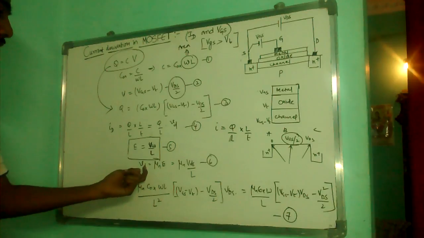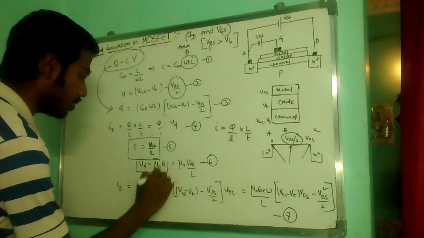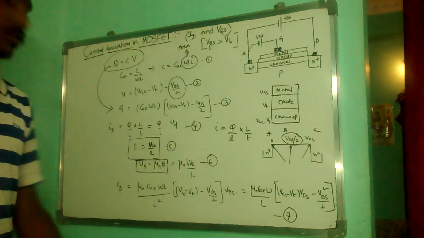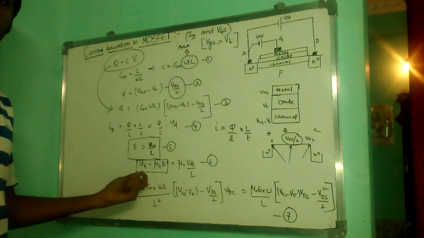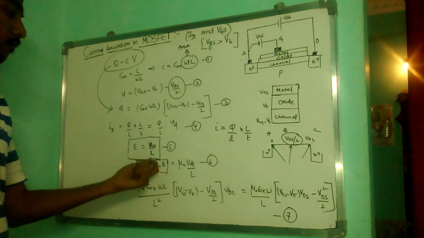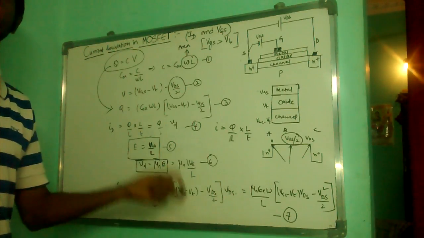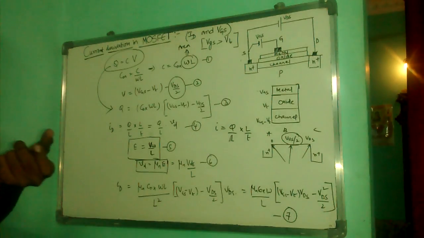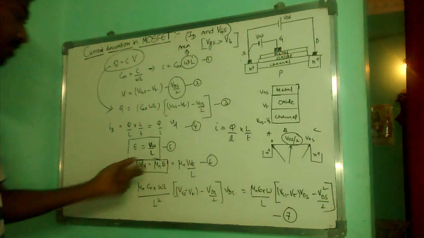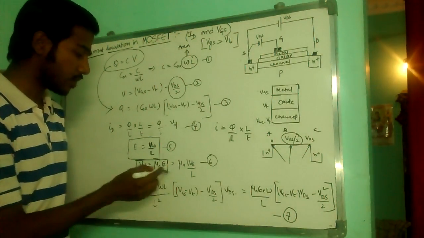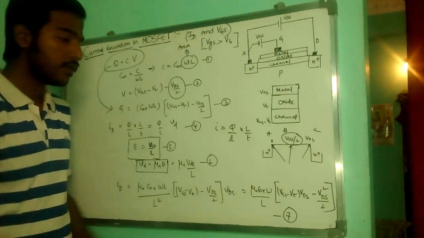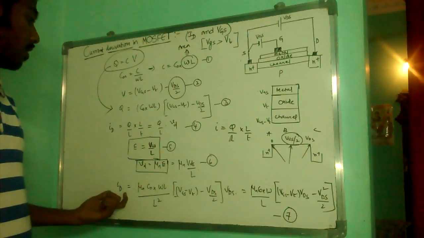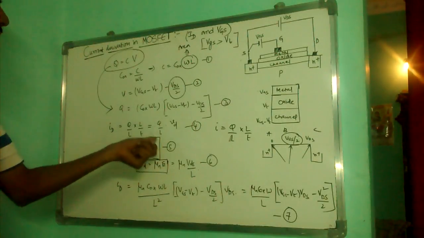Now velocity and electric field are related by the mobility of the carriers: Vd equal to mu n into E. Substituting E equal to VDS by L here, we get the sixth equation. Now ID equal to Q by L into Vd.